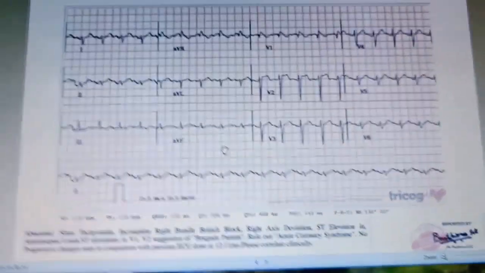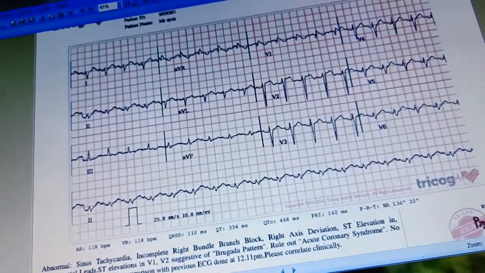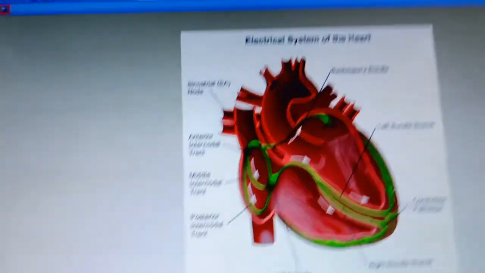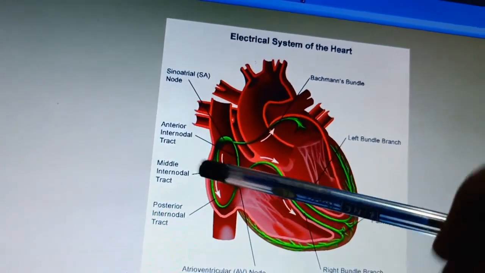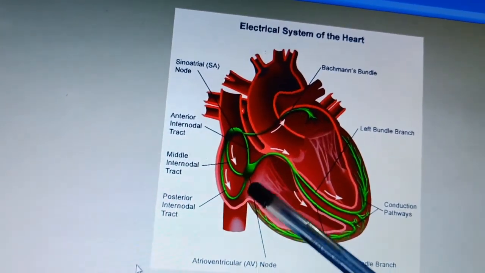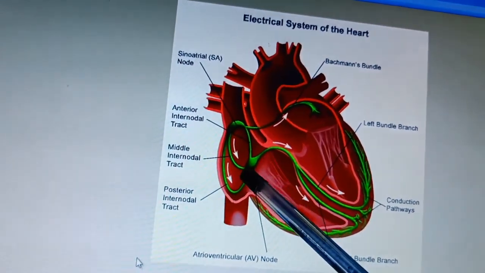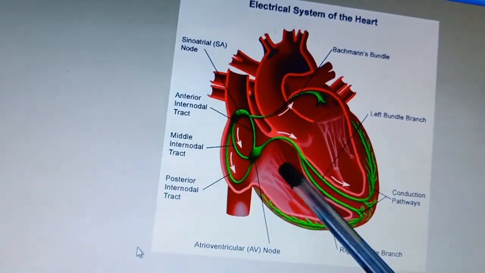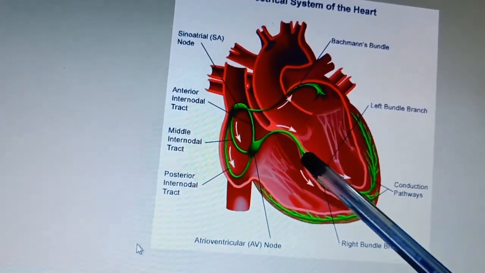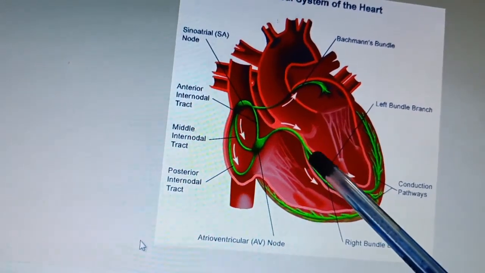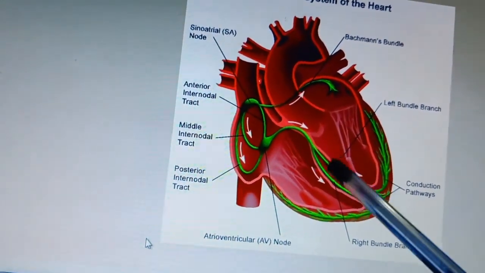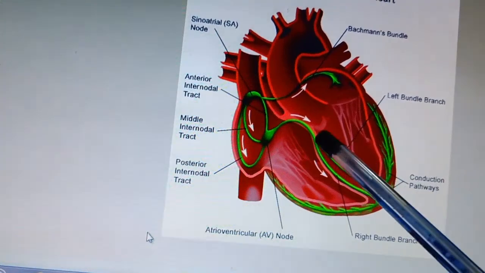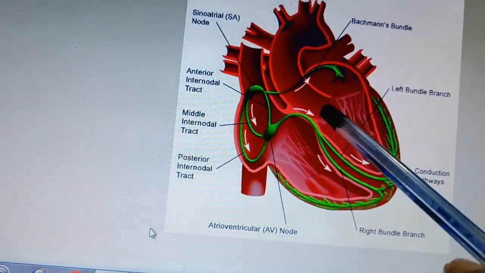The bundle branch block may be very clearly understood by observing this. Here you may see this is the SA node, here is the AV node. From the AV node the bundle of His starts and reaches up to the upper fibrous portion of the interventricular septum, and where there is the junction of the fibrous and muscular part, the bundle of His divides into two branches, the right bundle branch and left bundle branch.